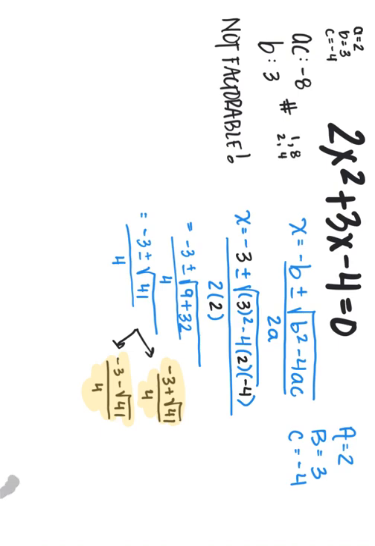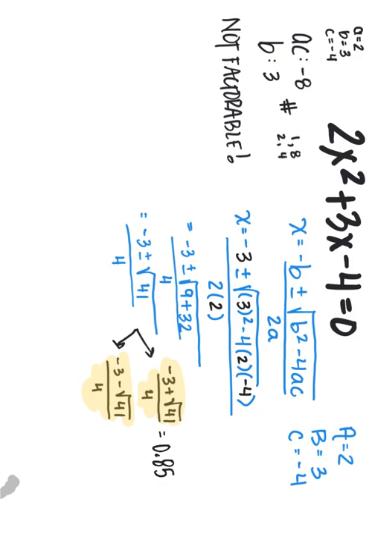Or we could plug these values right into our calculator. So we would type in negative 3 plus the square root of 41 and push enter, and then divide that by 4, and you will get approximately 0.85.